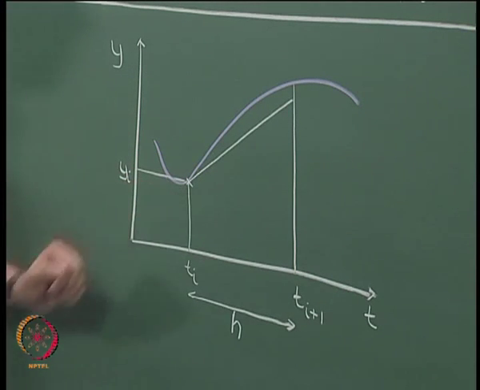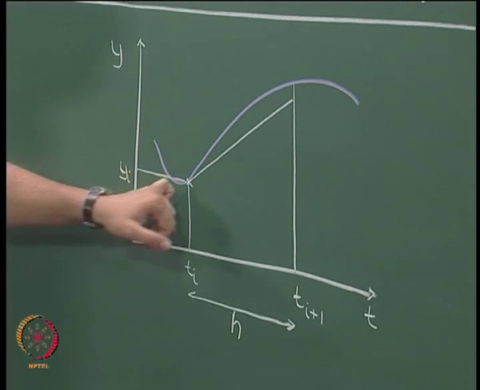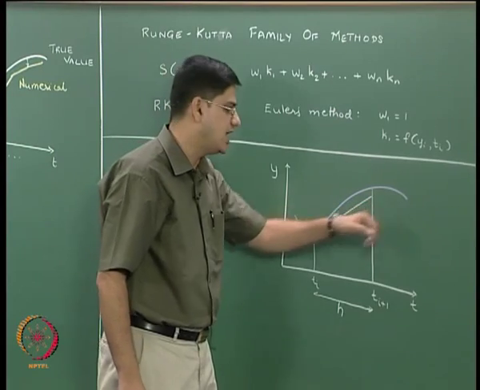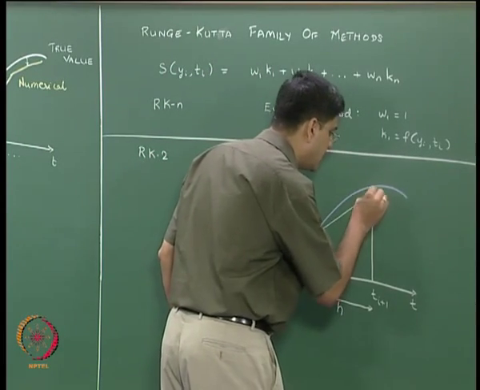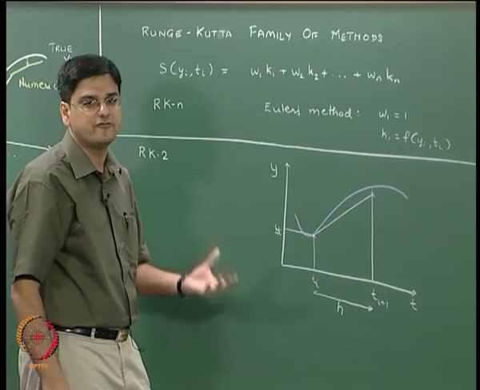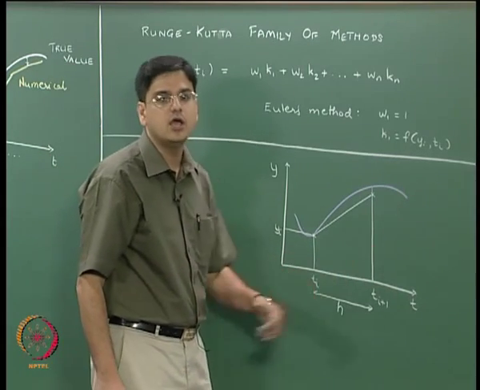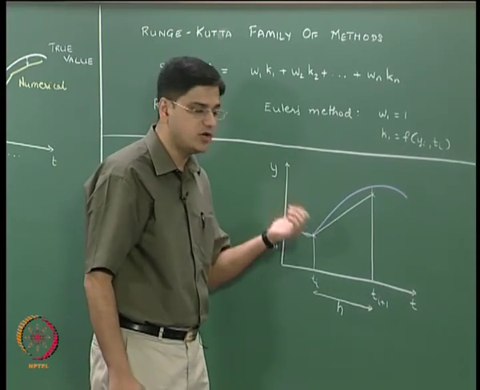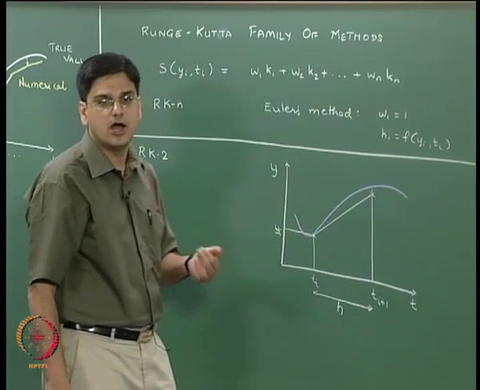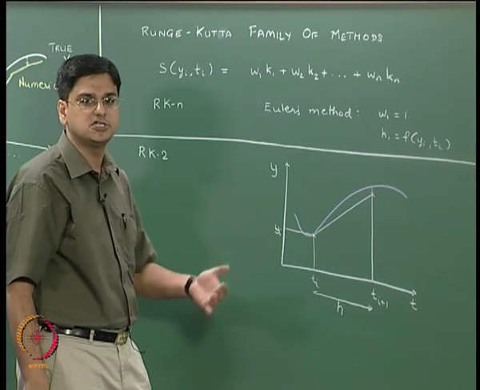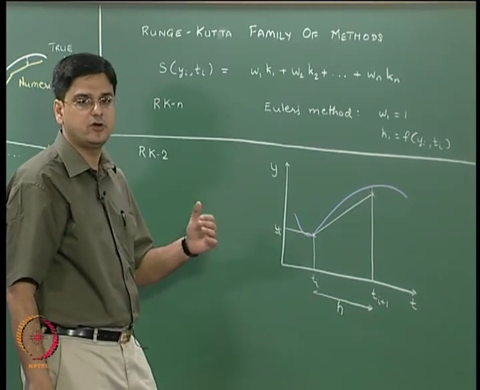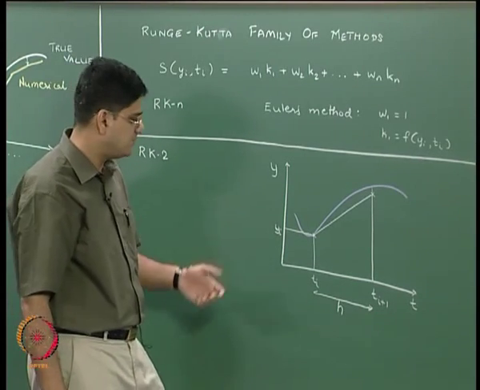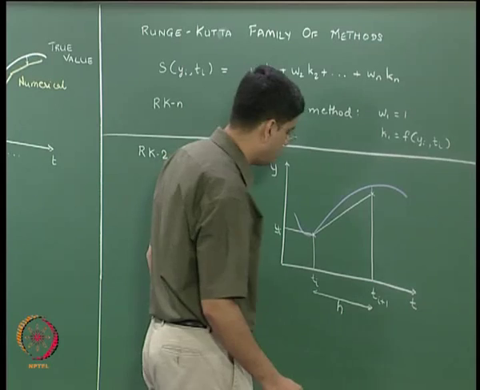What we did in Euler's method was just use that slope projected up to the point at the time ti plus 1, and this particular point we said was nothing but our yi plus 1, and then we progressed. That particular way of solving ODEs is not accurate enough. As we will see later on in this lecture, that gives us h to the power 2 accuracy, whereas the Runge-Kutta methods tend to give us a much more accurate way of solving this problem.